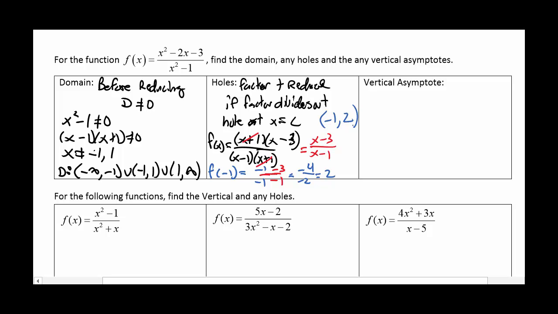All right, vertical asymptote. For the vertical asymptote, we want to factor and then reduce, and this time we look at the remaining denominator.